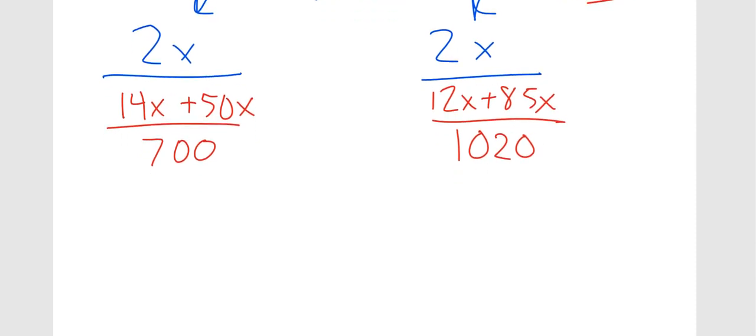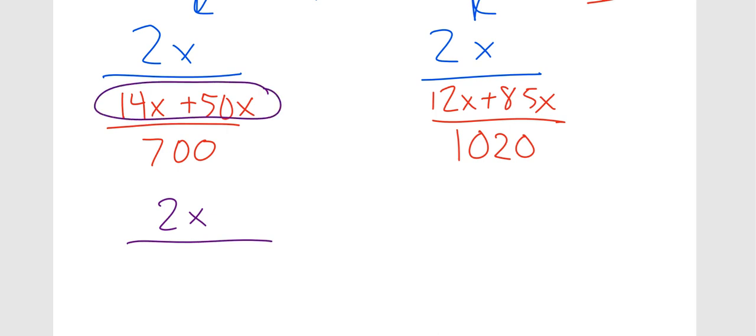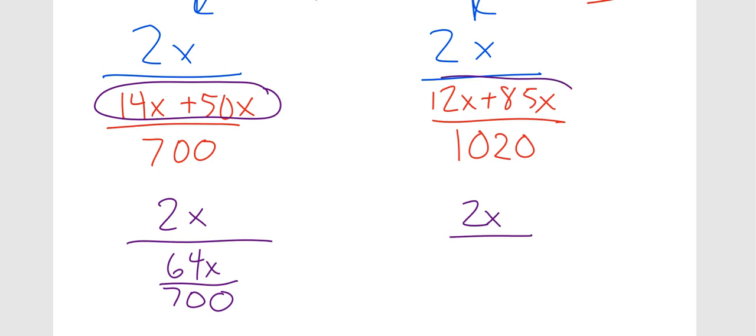Okay, help me simplify these a little bit. 2x over, what's this thing right here? 64x divided by 700. And over here we have 2x divided by 97x divided by 1020.